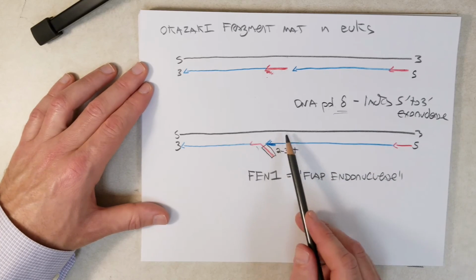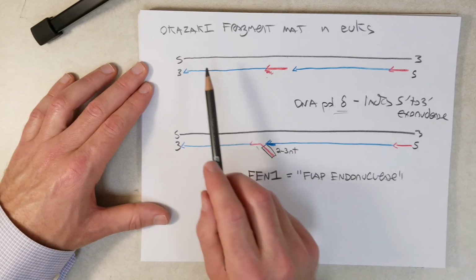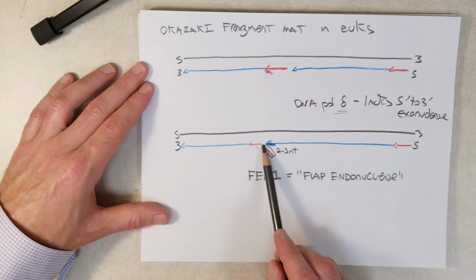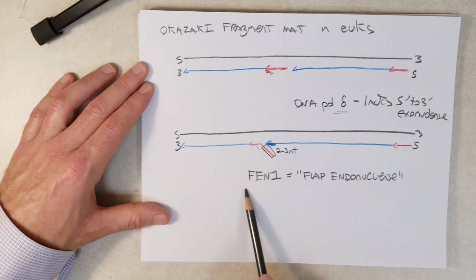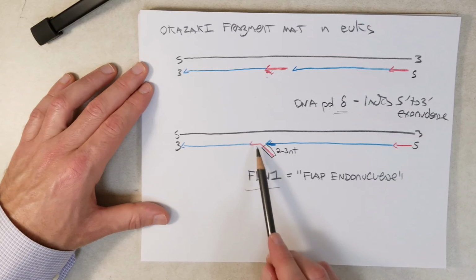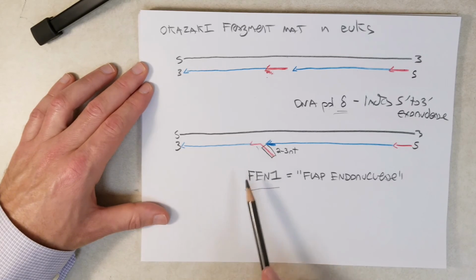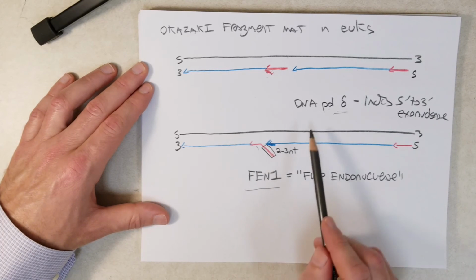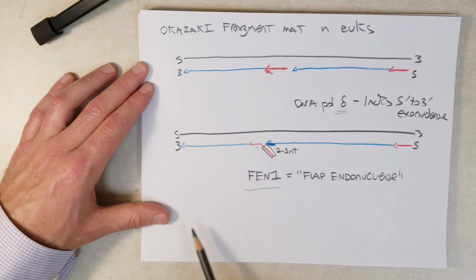So it's thought to participate in Okazaki fragment maturation by wedging itself in here, creating the flap. FEN1 removes the flap, it wedges itself in again, and FEN1 removes that flap, and it keeps doing this. This process keeps going back and forth between FEN1 and DNA polymerase delta until all the ribonucleotides are gone.